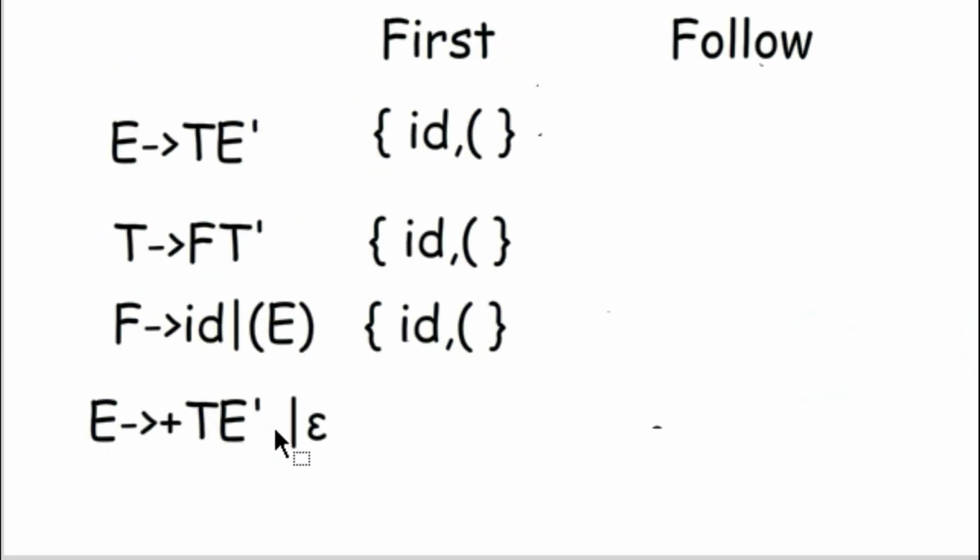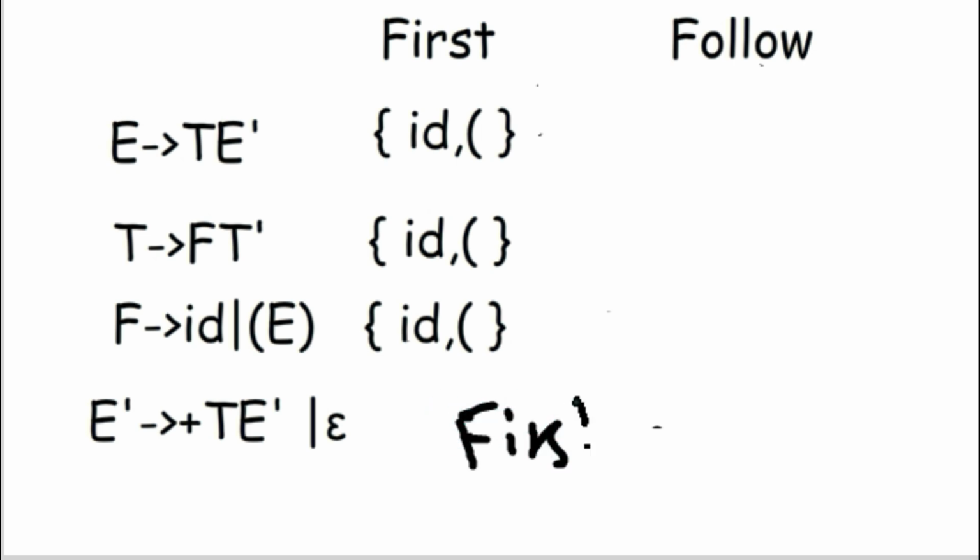What is the first of e? Now in this case, we can see that this is not first of e, here it has to be e dash actually. Okay, so what is the first of e dash?